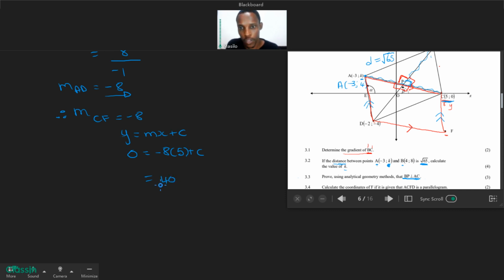We have got negative 40 plus c. Therefore, c is equal to 40.